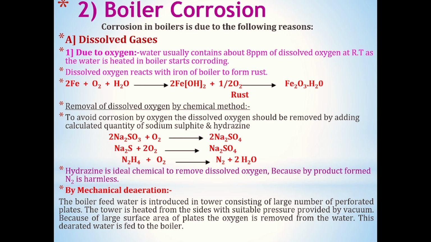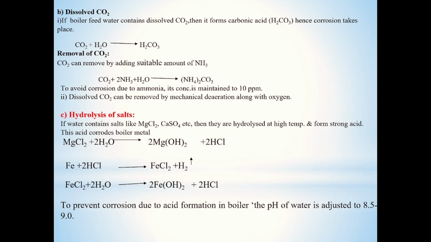The tower is heated from the sides with suitable pressure provided by the vacuum. Because of the large surface area of the plates in the tower, the oxygen is removed from the water, and this deaerated water is fed to the boiler. The water we get from the mechanical deaeration method is free from all types of dissolved gases, and it is suitable for generation of steam in the boiler.